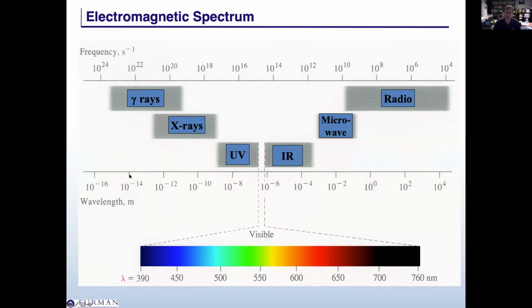The other end of the spectrum is wavelengths about 10 to the minus 14, a very tiny fraction of a meter. Those are gamma rays. We don't like to be hit with gamma rays, right? That's pretty dangerous to us. X-rays, that's pretty dangerous to us. We even don't like a lot of UV exposure because that can give us skin cancer, right?